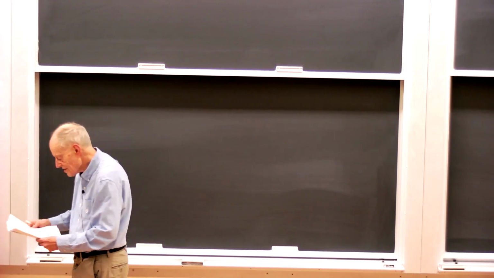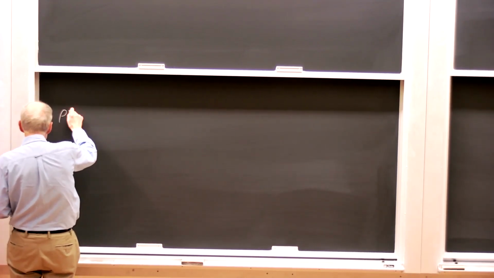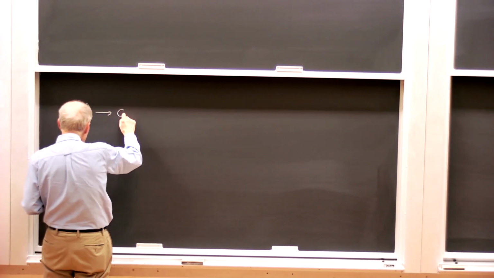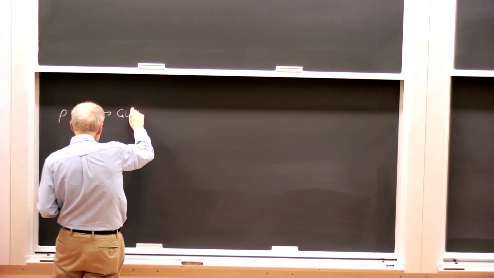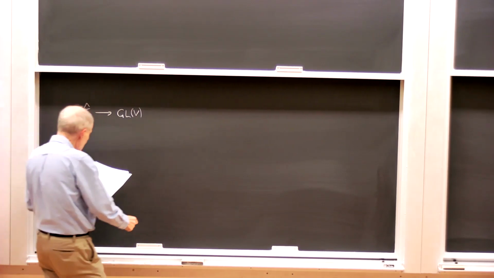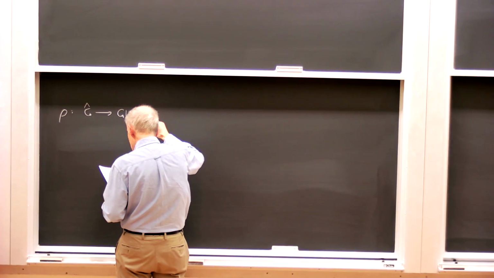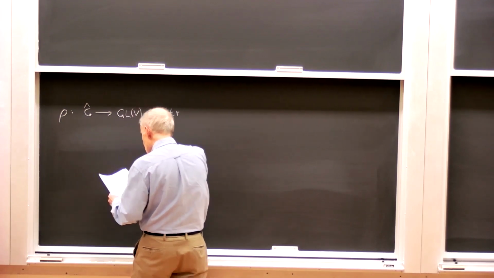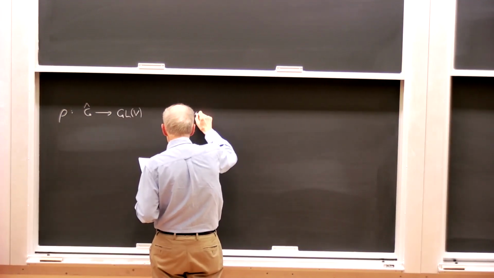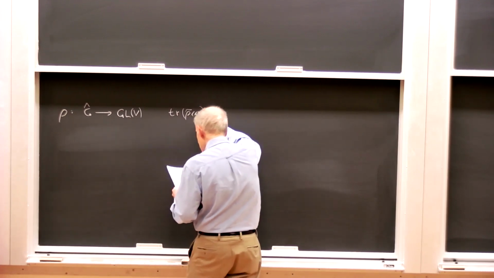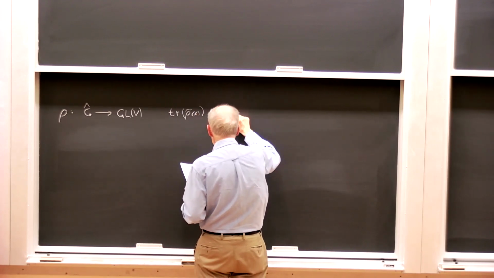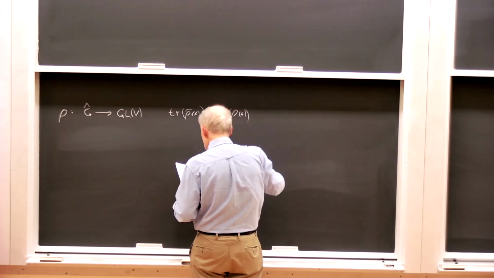And the problem is that in the argument that I made, rho was a representation of the L group, of the dual group, G hat to GL of V. And I had assumed that the trace of rho tilde was equal to the trace of rho conjugate.